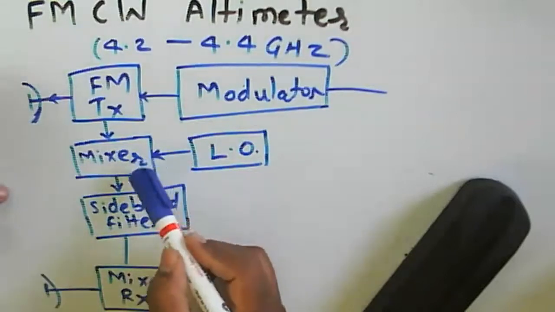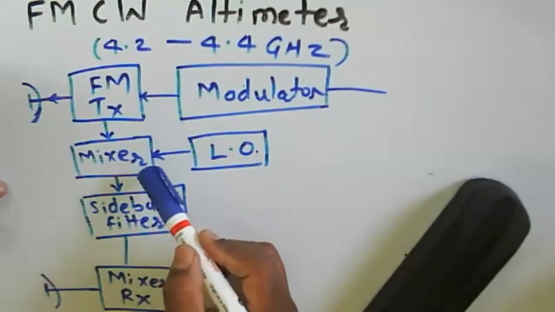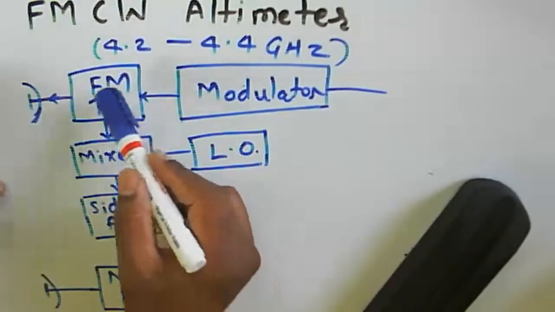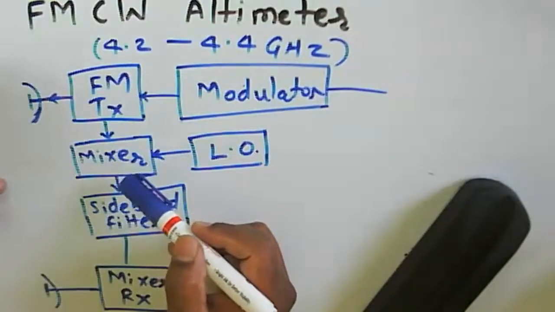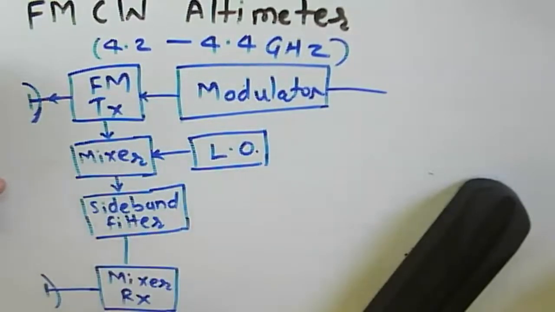Now here we consider a mixer, so a portion of the transmitted signal is to be applied to the mixer, so that we'll get the beat frequency signal at the mixer and a mixer at the receiver.